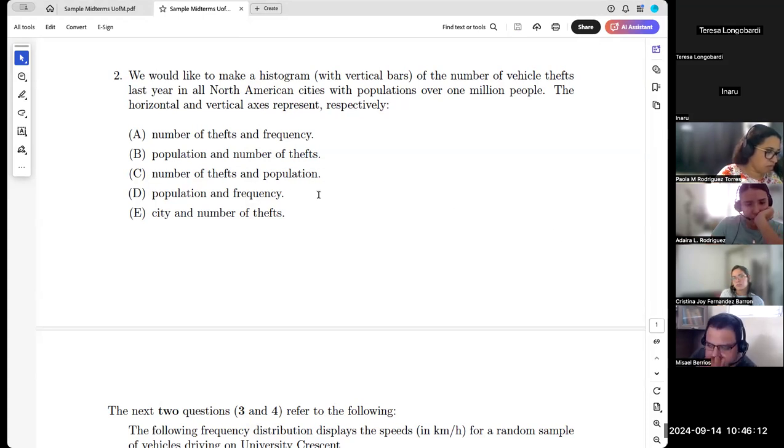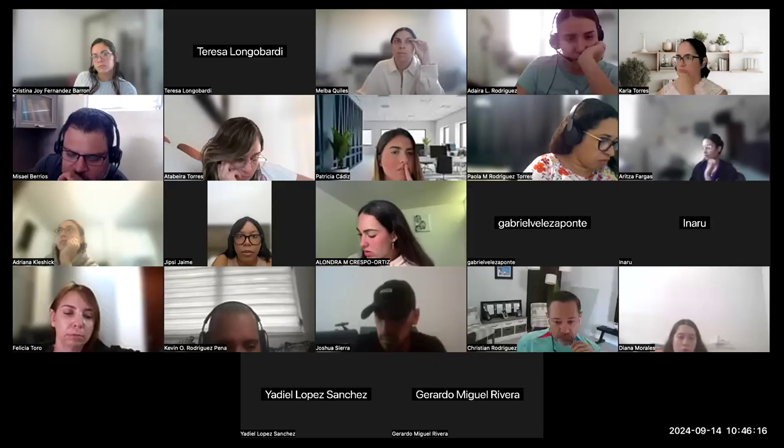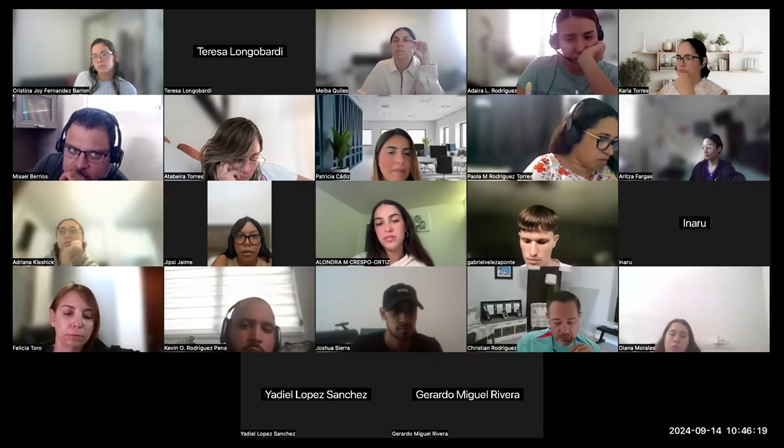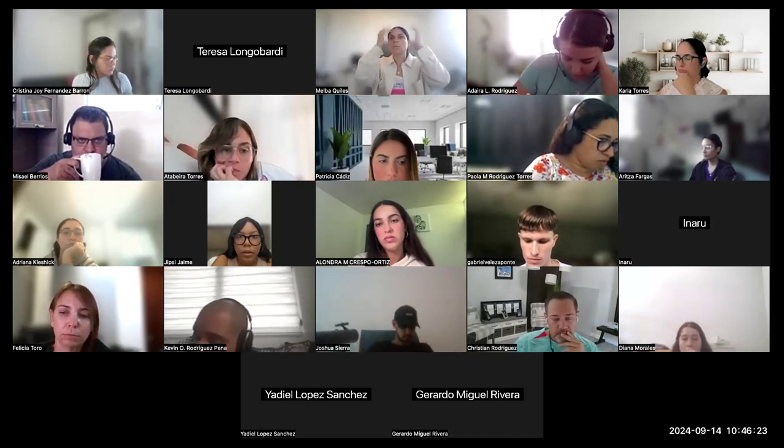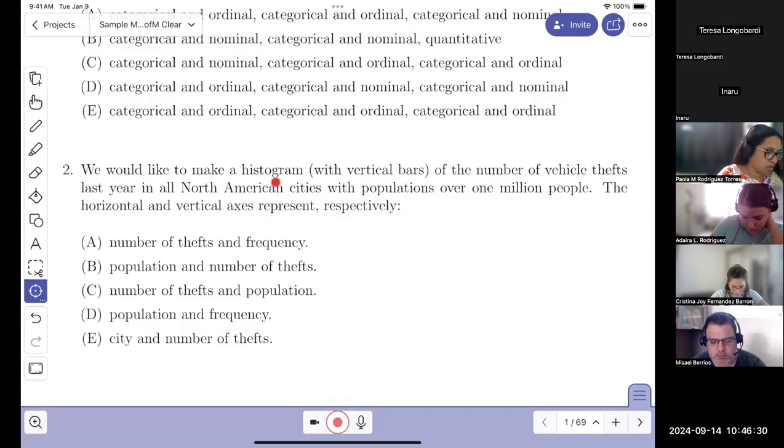Okay, so let's see. I'm going to put up my iPad again. Okay, so the variable, we would like to make a histogram of the number of thefts. Now, once I tell you it's a histogram, this should make it easier, and they're asking you for the horizontal and vertical axis. What is the vertical axis of a histogram?